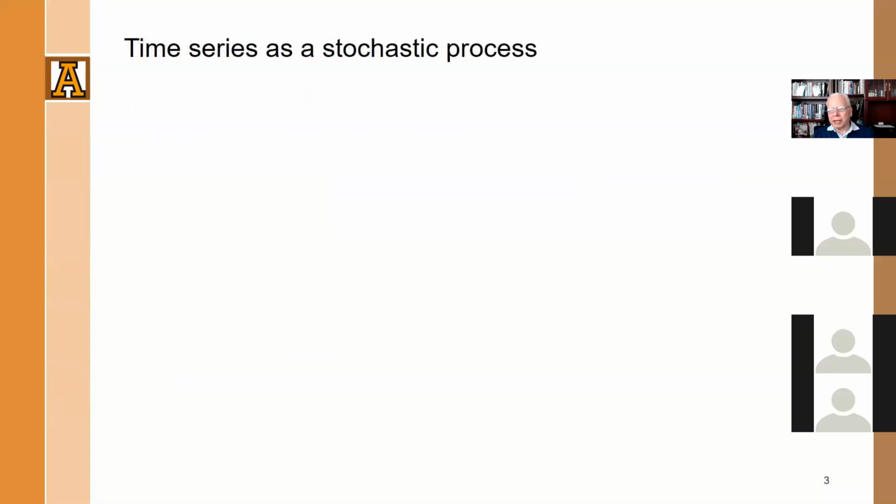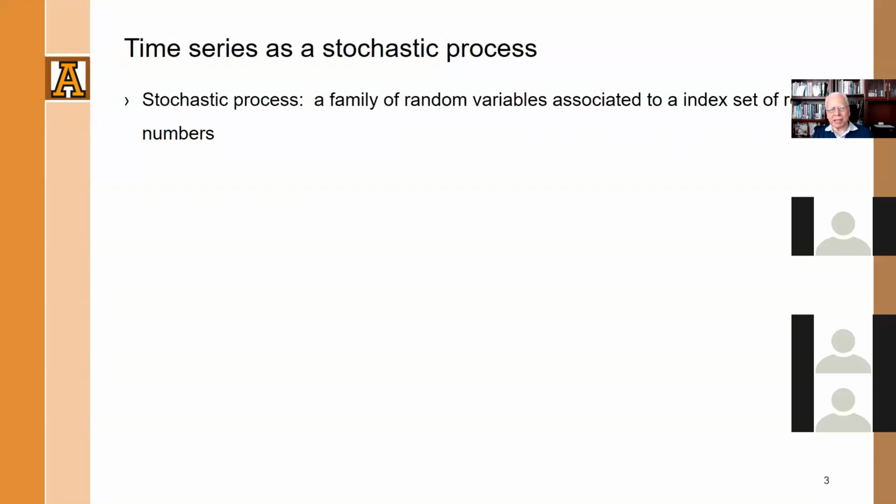We'll be viewing any time series as a realization of a stochastic process. Now, you already took stochastic processes, but remember, a stochastic process is just a family of random variables associated to an index. That index is just a set of real numbers, could be a set of integers and so on. But that's the stochastic process, a family or a sequence of random variables.